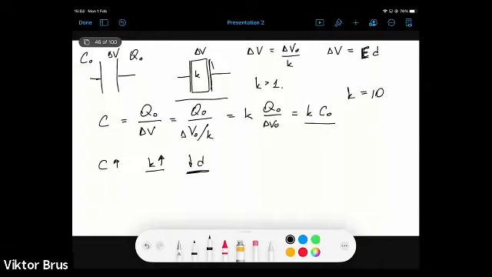But we can select dielectric materials with very high dielectric constants, and that can help to increase capacitance quite a lot. For instance, the dielectric constant of water is equal to 80. That means if we have purified, deionized water filling the space between two plates, we will increase capacitance by 80 times, which is quite a lot.